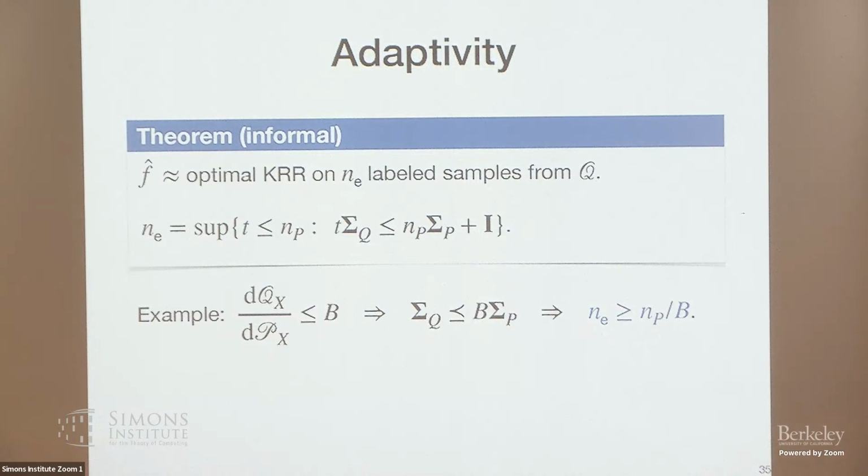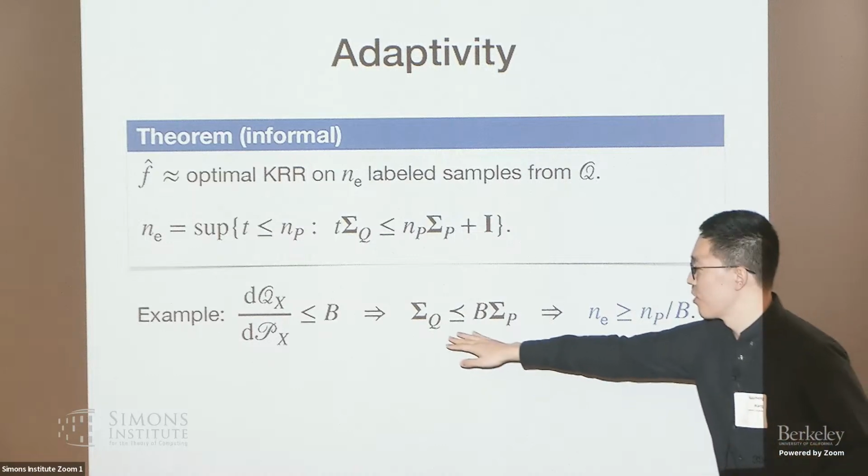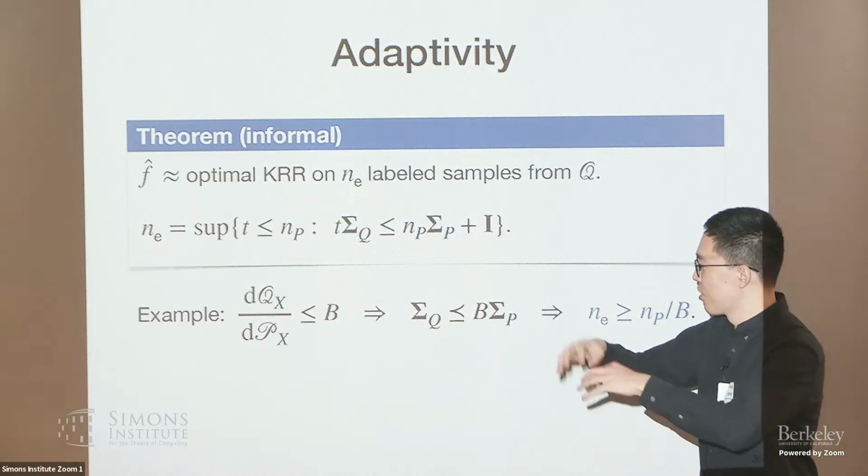So if P and Q, yeah, question? It might be the case even for two Gaussians with different covariances. Perfect question. Yes, that's right. We'll come into that. So in general, for two Gaussians you wouldn't have this bounded density ratio, but you can still have a dominance between their covariances.